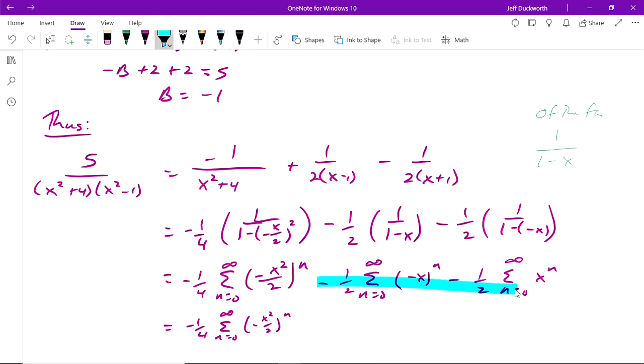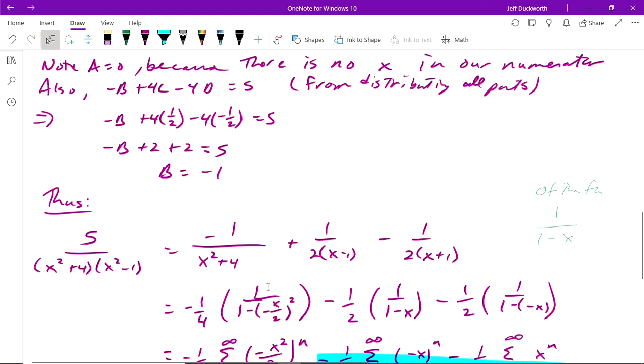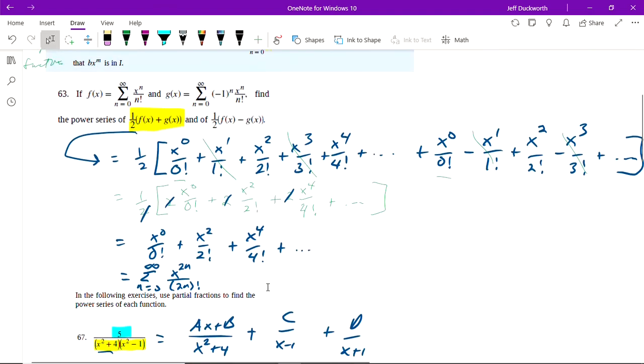We can combine these guys here. How can we combine them? Well, we already kind of know what they're going to be. We just did a problem up here where we took 1/2 of f plus g and figured out what we had. So we can take out the 1/2 straight up, and we're going to get this x to the 2n for that.